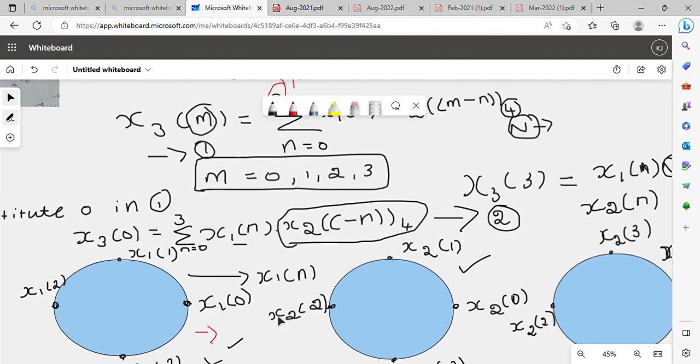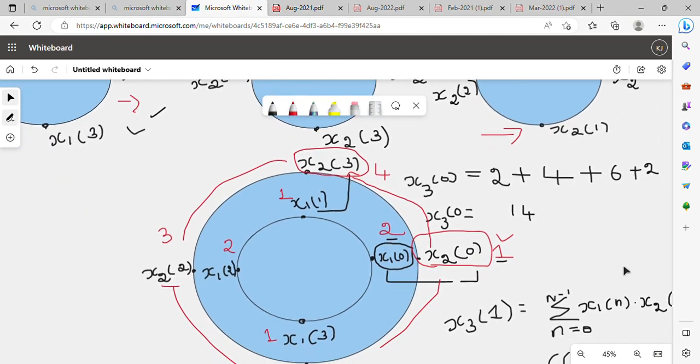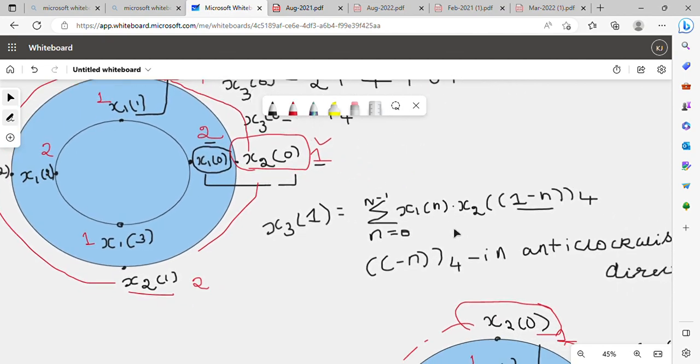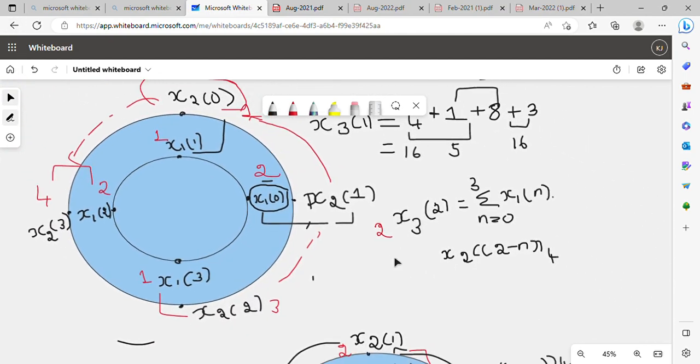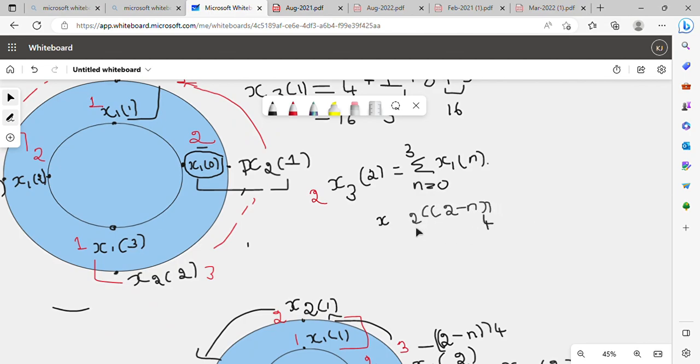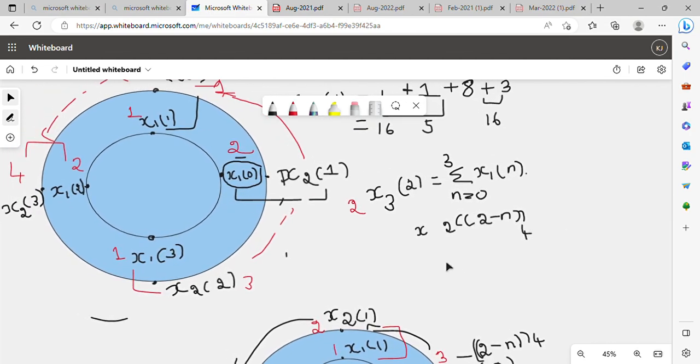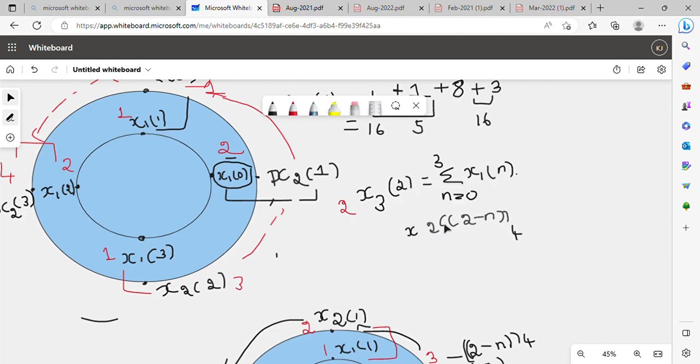If you substitute m is equal to 2, you are going to get this resultant equation, which is my equation number 3. This particular thing is my equation number 4.